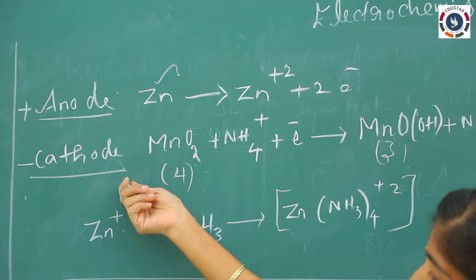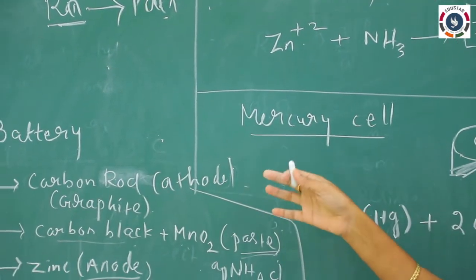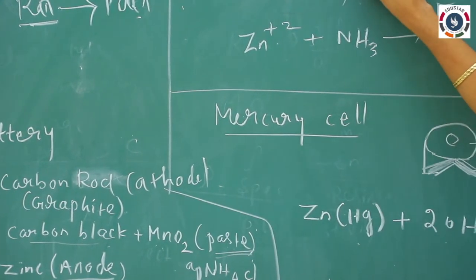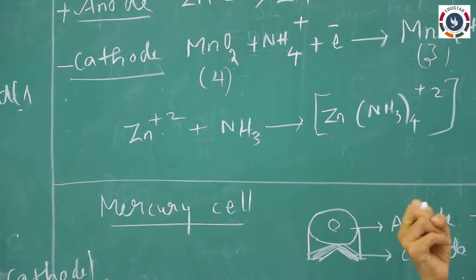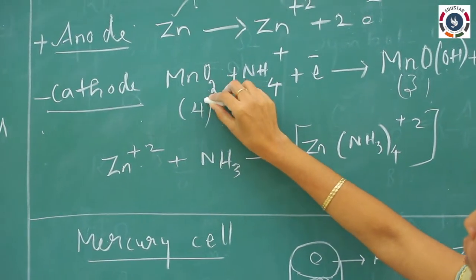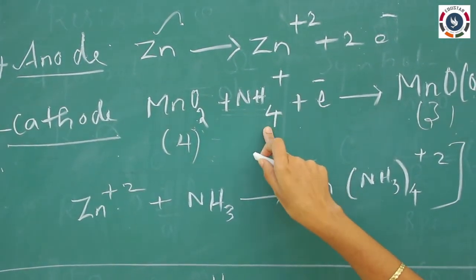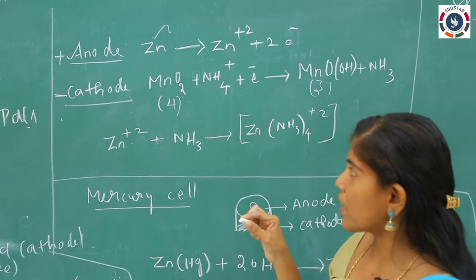In the cathode, see this carbon rod, that is graphite, it won't conduct. So, the MnO2 present in the electrolyte is the medium for electron receiving. This MnO2 reacts with the NH4 plus. Why am I choosing this NH4 plus? See, the cathode is a negatively charged electrode, right?